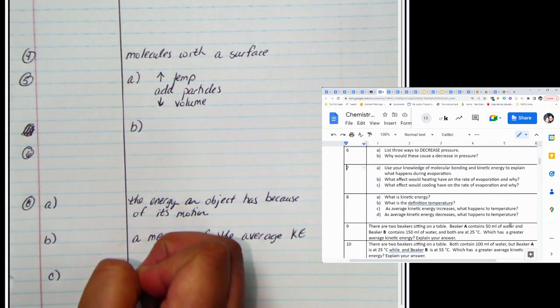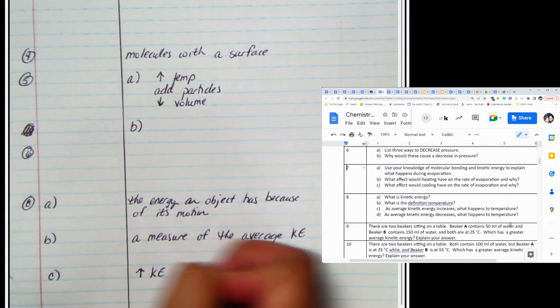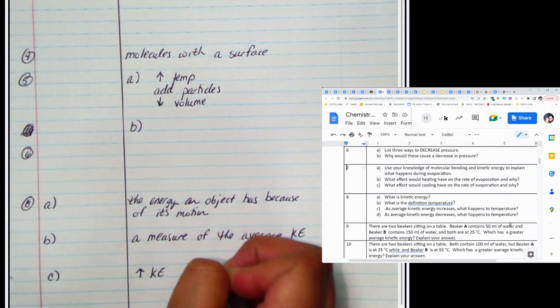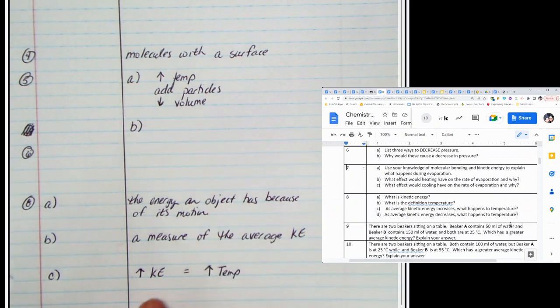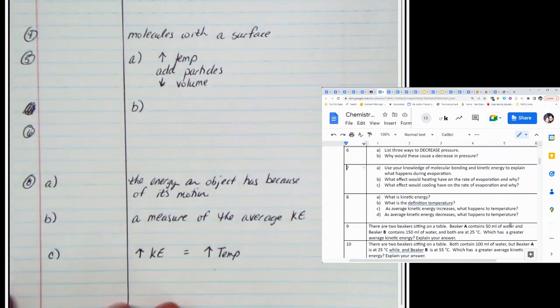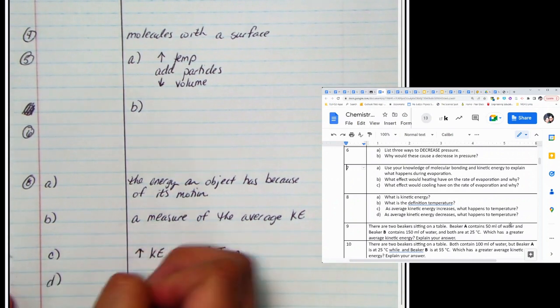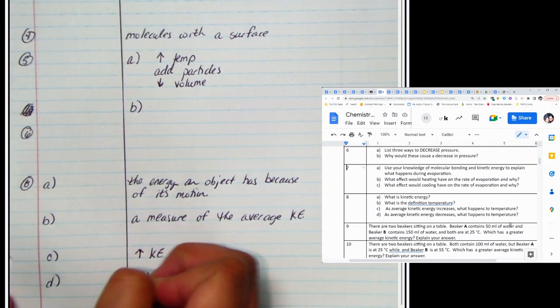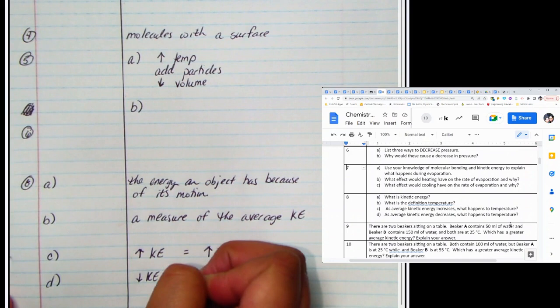If your kinetic energy goes up, then your temperature goes up because temperature is a measure of the average kinetic energy. If your kinetic energy goes down, then your temperature goes down.